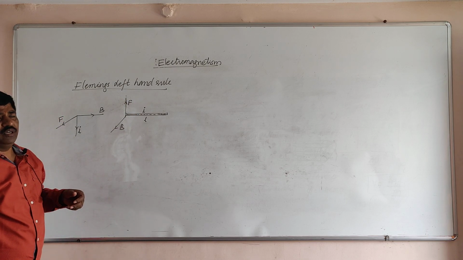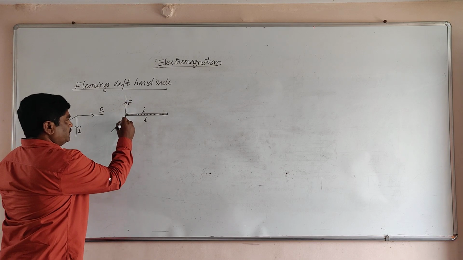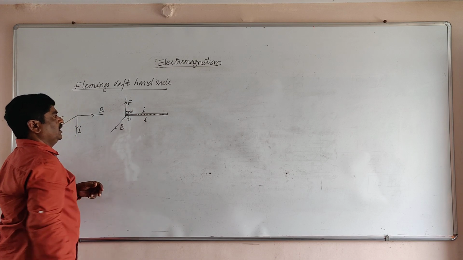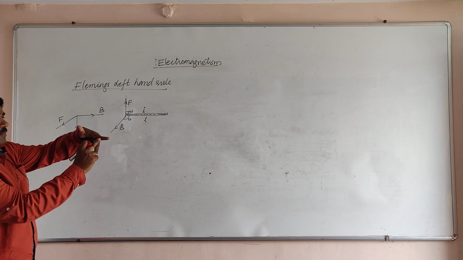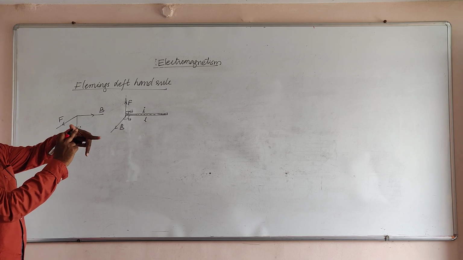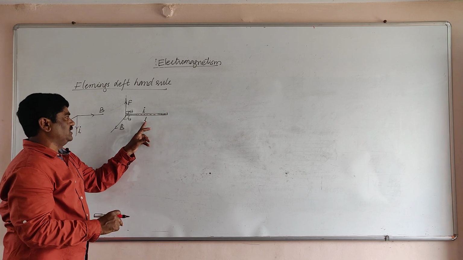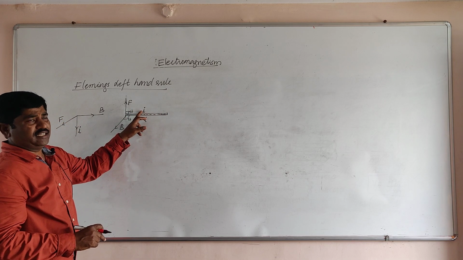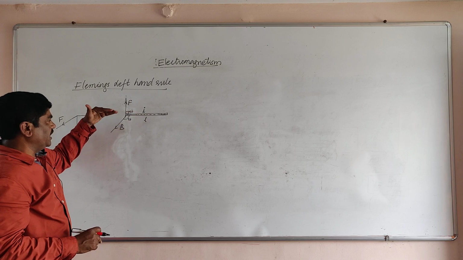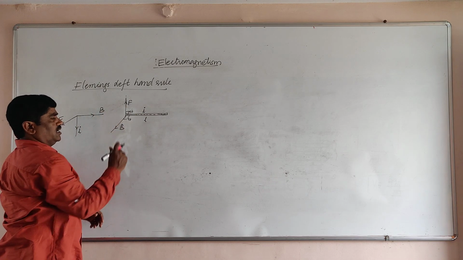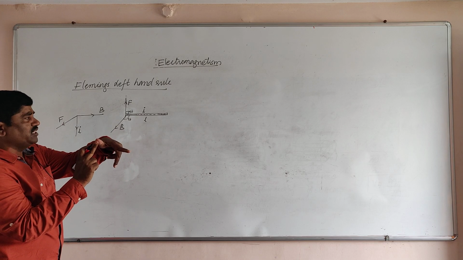If this is 90 degrees, here is also 90 degrees, that means these three are mutually perpendicular to each other. So whenever the conductor of length L carrying the electric current I is placed perpendicular to the magnetic field, then the force acting on the conductor will be in the direction of the thumb.